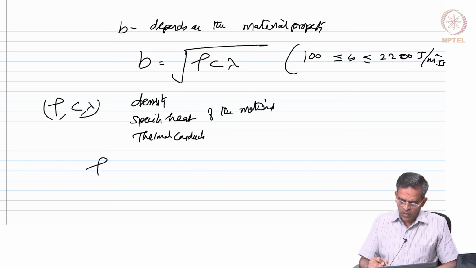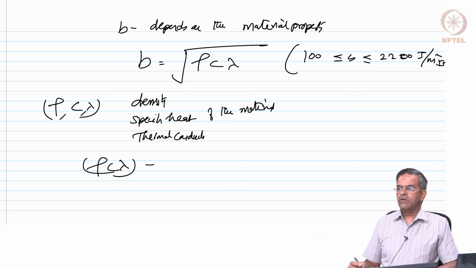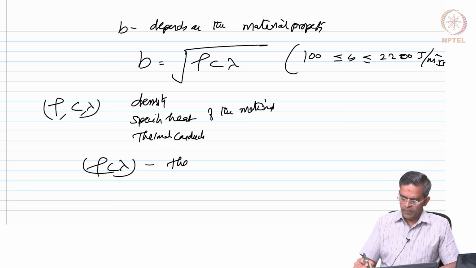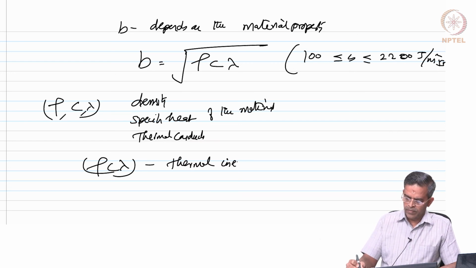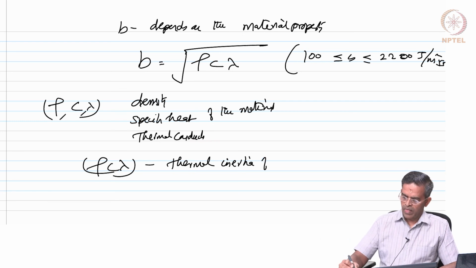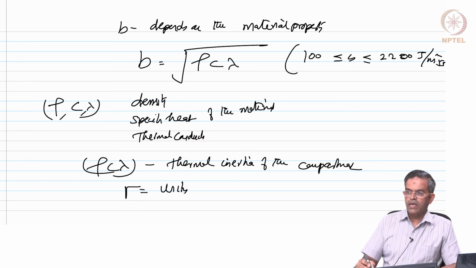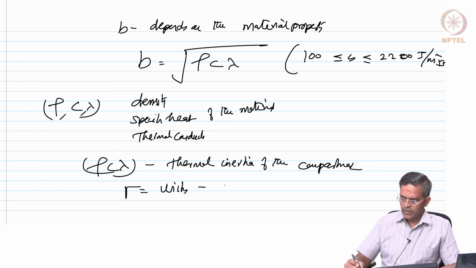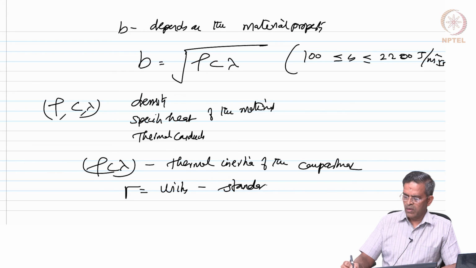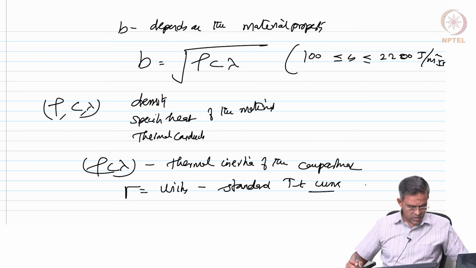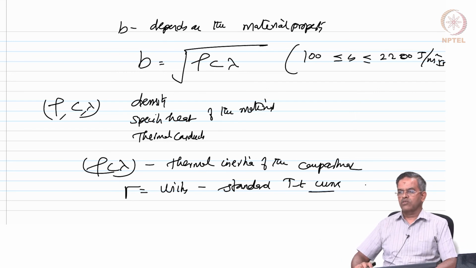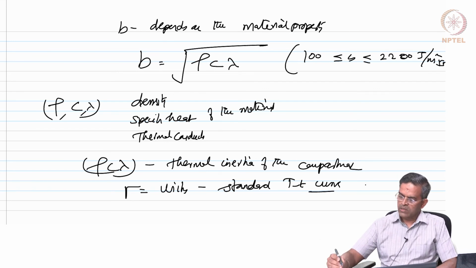The rho c lambda product is called thermal inertia of the compartment. Gamma, if it is unity, refers to the standard time temperature curve. We have seen two curves, right? Standard and actual. This is equation 8.